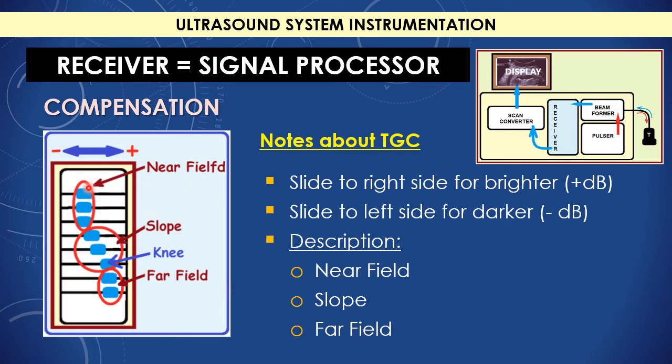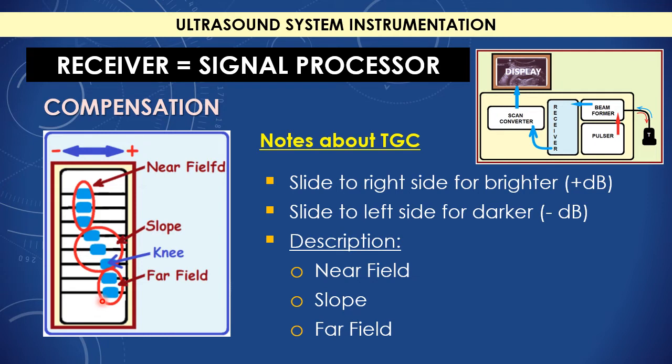If you study the TGC curve, there are sliding bars. We know this, okay? The upper part is used for the near field brightness. The mid part, we call it the slope. This is used for the midfield brightness.